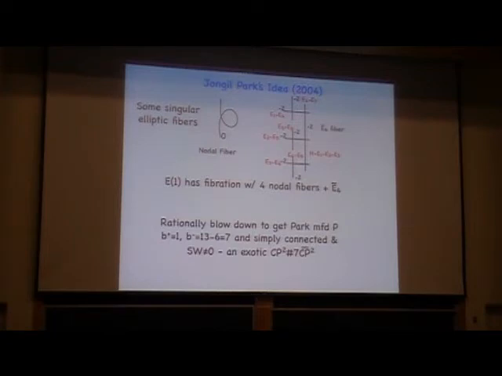So this was the first example of an exotic CP2 blown up 7 times. So his idea was, you can make things worse as long as eventually they get better. This is sort of like hoping for my retirement fund. So now, using this technique of Jongil Park, lots of progress was made. So first, here is the statement about the Park manifold, which, by the way, is a symplectic manifold.